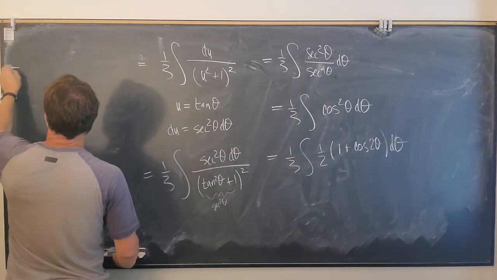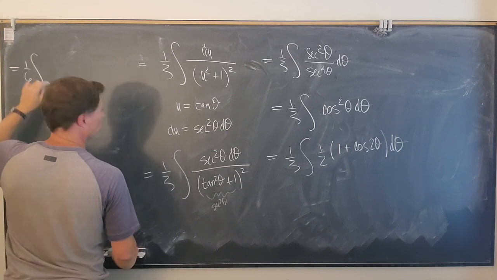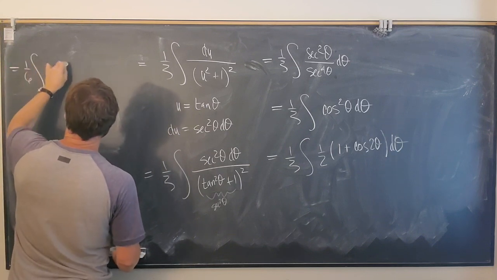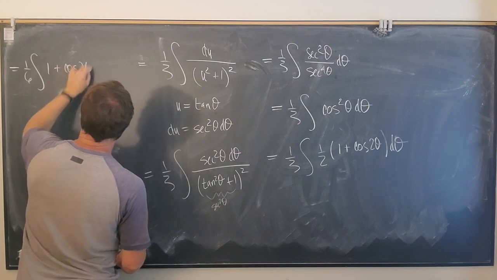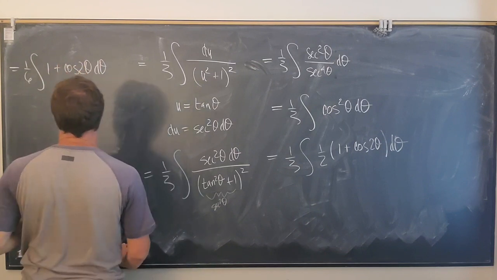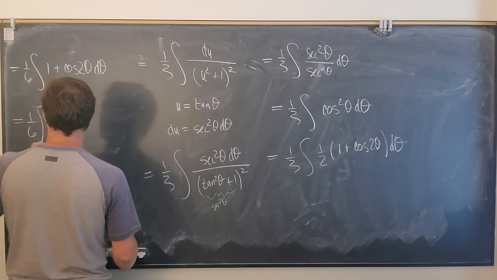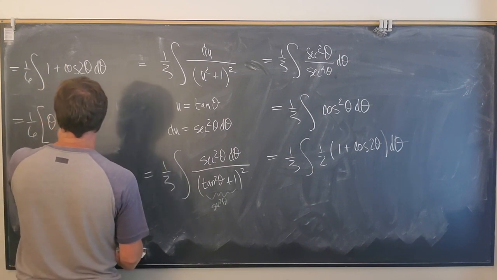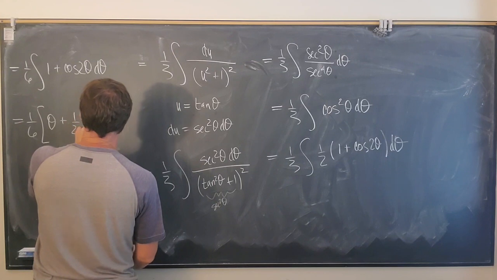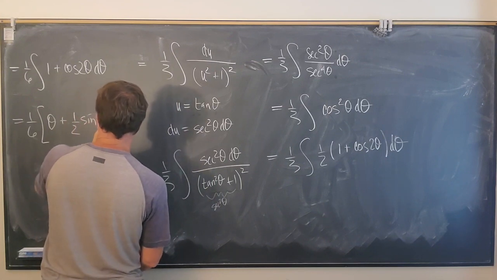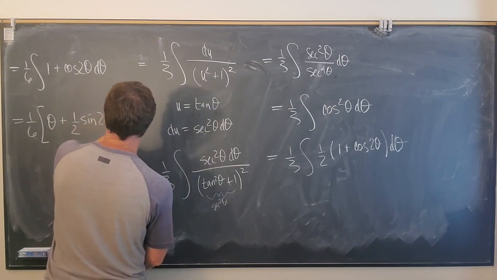So this becomes a 1/6 integral of 1 plus cosine 2 theta d theta. Now we've got an easy integral. This is a 1/6 times theta plus 1/2 sine 2 theta, plus C.